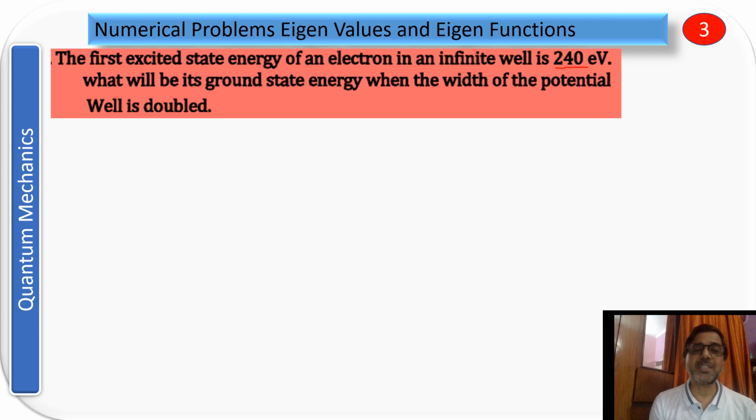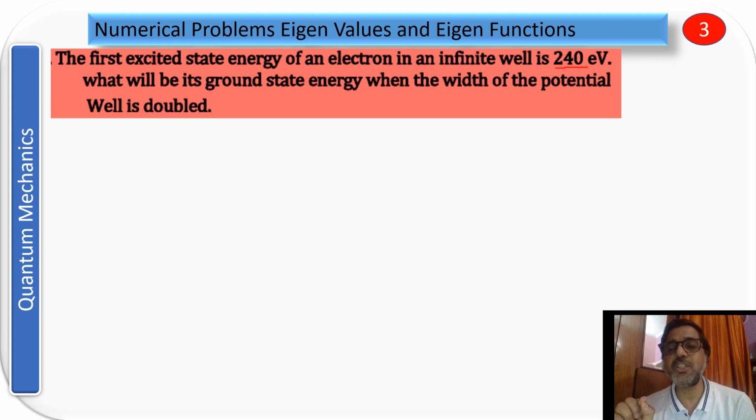So you have an electron in the first excited state, that is n equal to 2, and the energy of that electron is 240 electron volt. What will be its ground energy when the width of the potential well is doubled? Now they are asking you, the electron is in the first excited state.